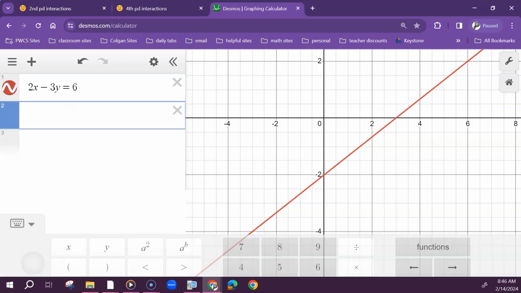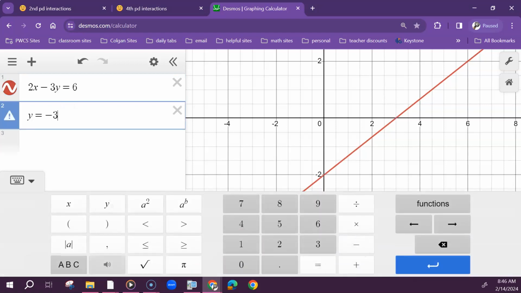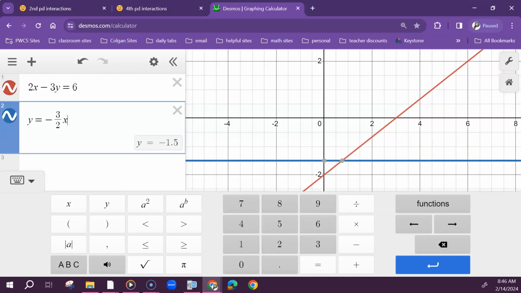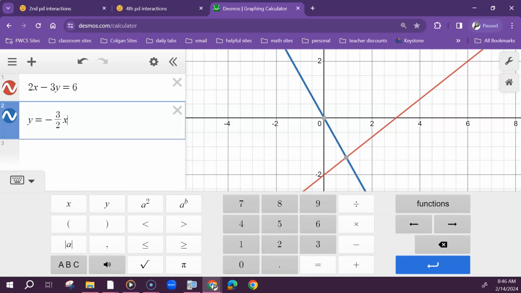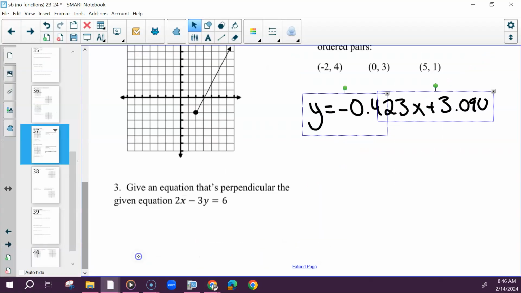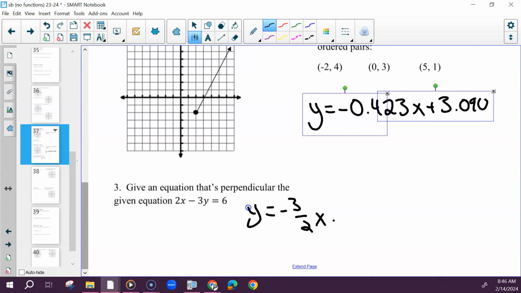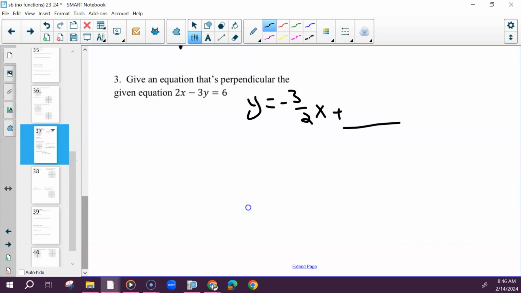So if I have y equals negative 3 over 2 x, you can pick whatever y-intercept you want. So it could be the same, it could be different, it could be 0. You pick that y-intercept. And that would be your answer. Questions on that one?